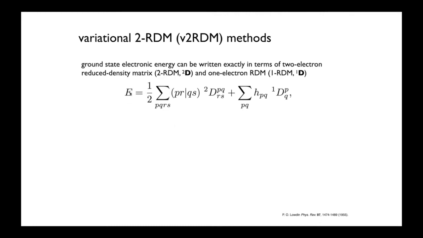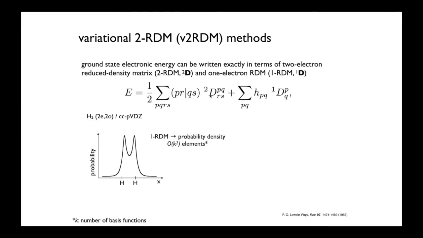Well, the answer is very simple. I can write down the electronic energy for any state, ground or excited, exactly in terms of contributions from a 2-electron reduced density matrix that I'll call D2, and a 1-electron reduced density matrix that I call D1. And armed with these two guys, I can describe this electronic energy exactly.